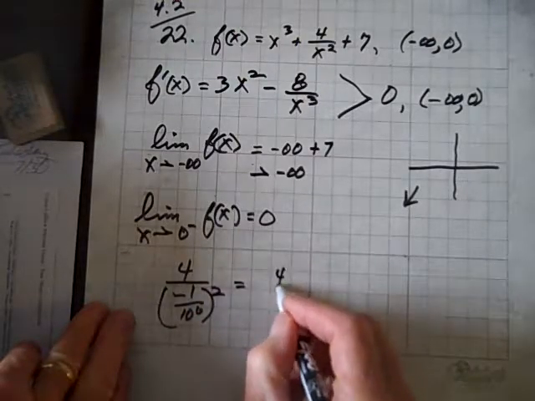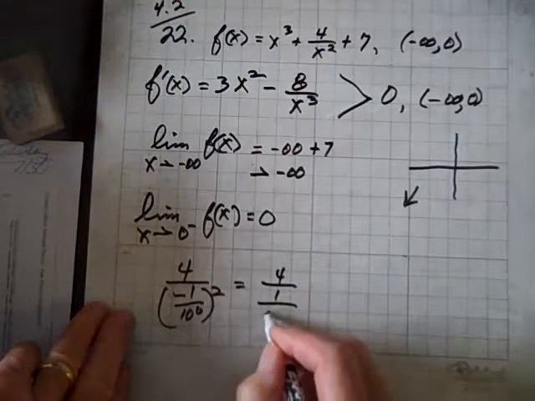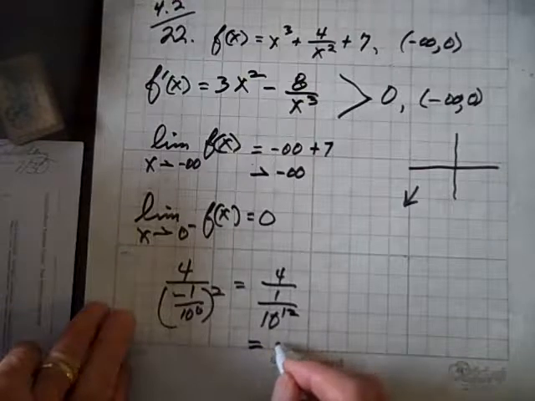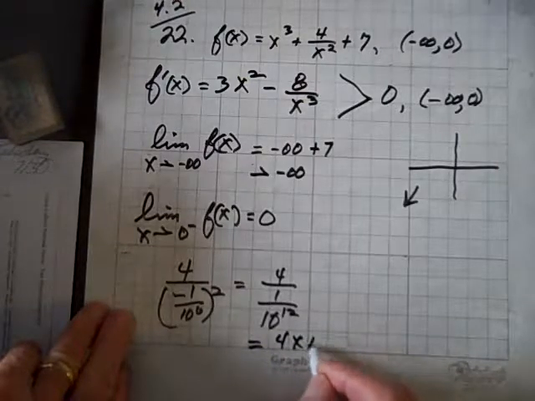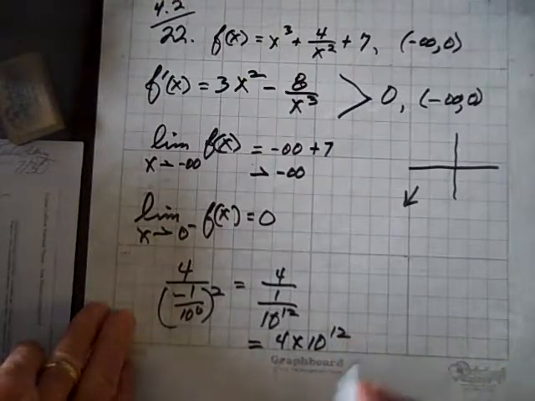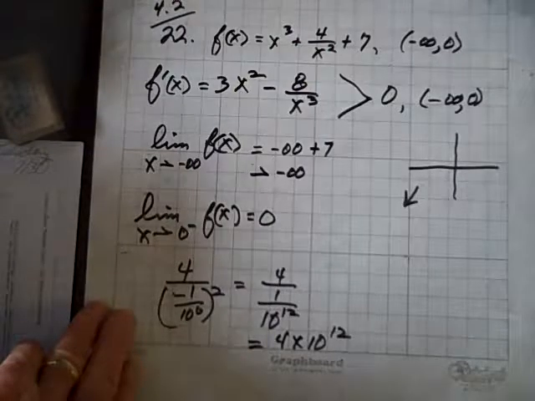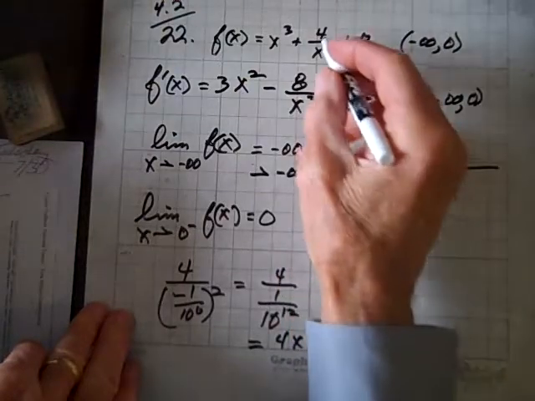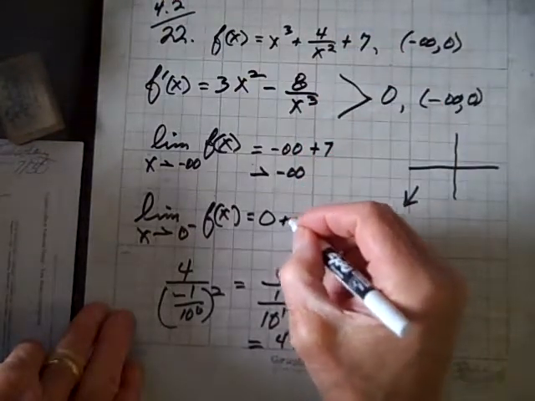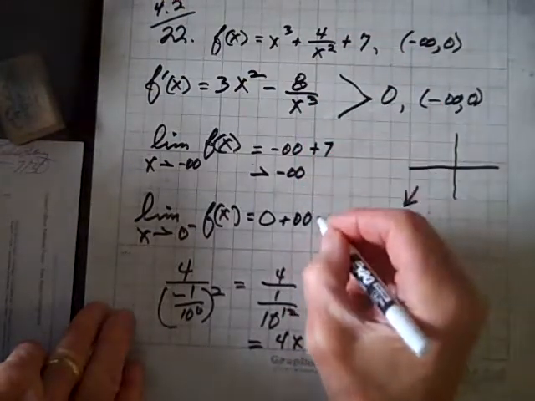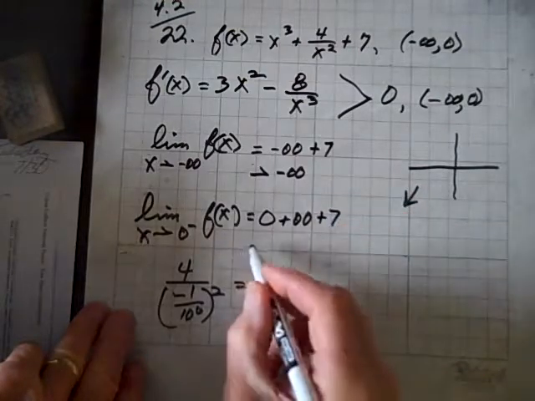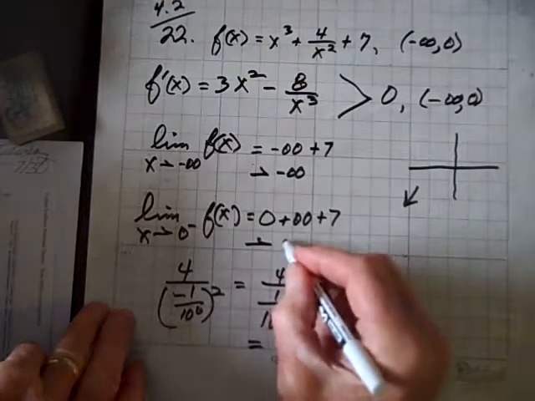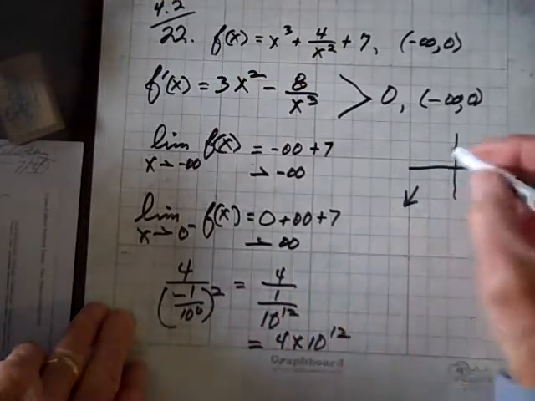When you square that, isn't that going to be 1 over 10 to the 12th? And isn't that going to be, when you invert and multiply, 4 times 10 to the 12th? Would you agree that number is enormous? And the smaller you get, the larger this gets. So this term's going to infinity, plus 7. So this is going to ultimately infinity, which is positive.